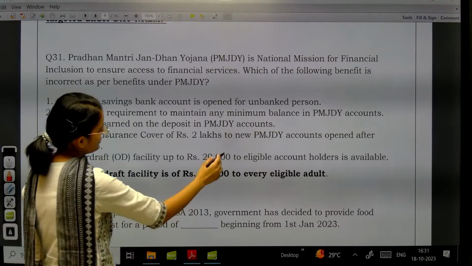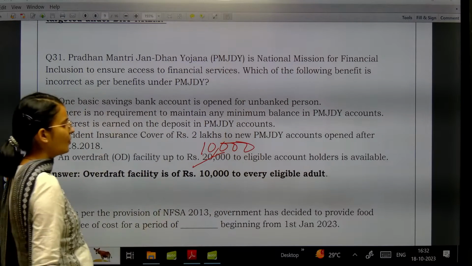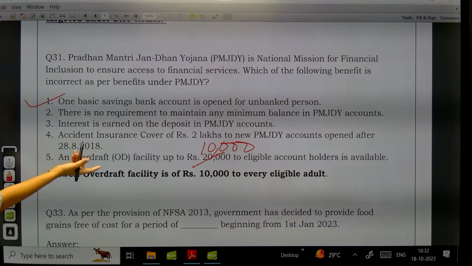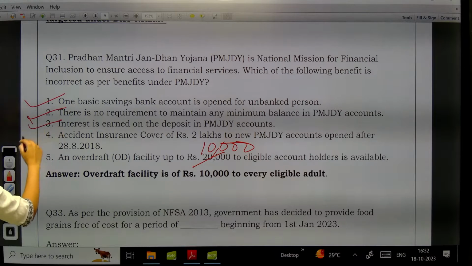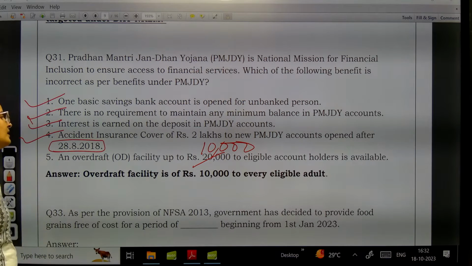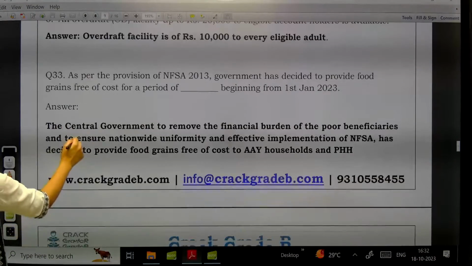So this statement was wrong. It is a 10,000 overdraft facility and not 20,000. This was correct: there is no requirement to maintain minimum balance. Yes, interest is earned on deposit. Accident insurance cover up to 2 lakh to new accounts after 28 August 2018. This is also correct. So the overdraft statement was not correct.